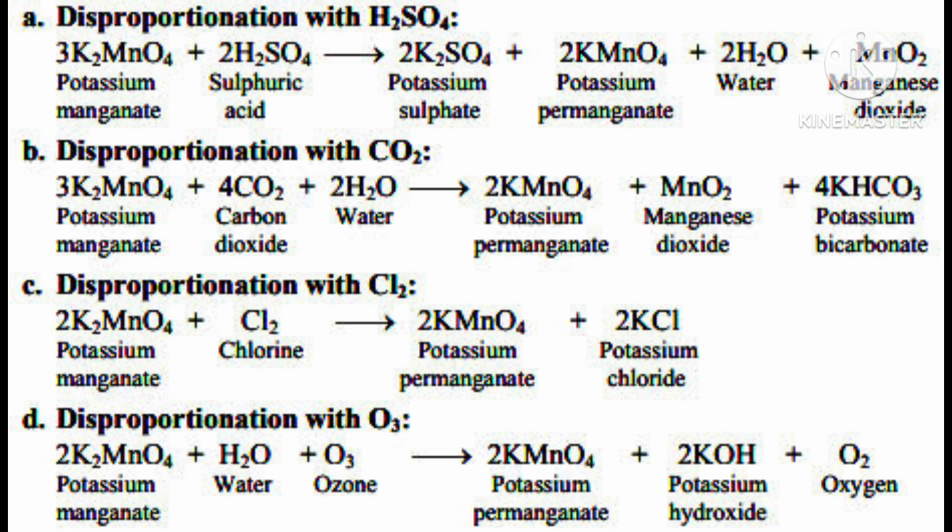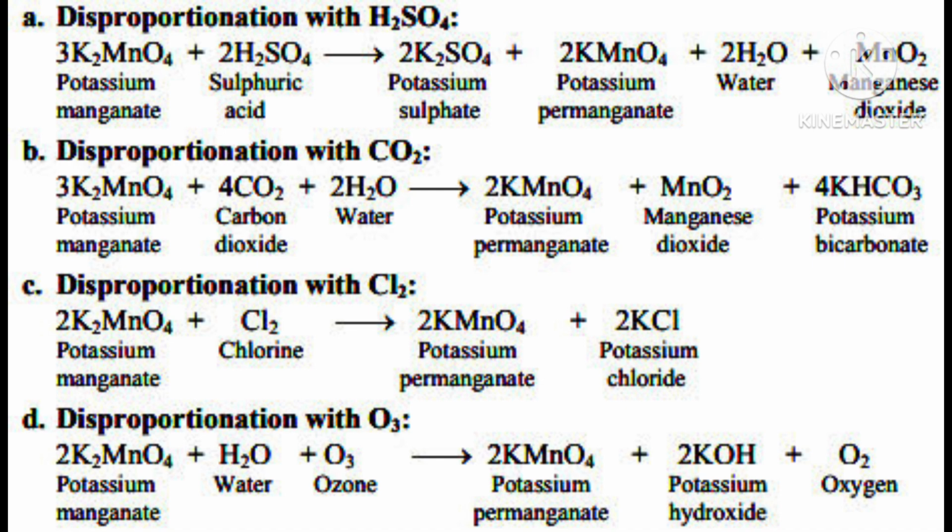Now come to the uses of permanganate. Besides its use in analytical chemistry, potassium permanganate is used as a favorite oxidant in preparative organic chemistry. Its uses for the bleaching of wool, cotton, silk and other textile fibers, and for the decoloration of oils are also dependent on its strong oxidizing power.